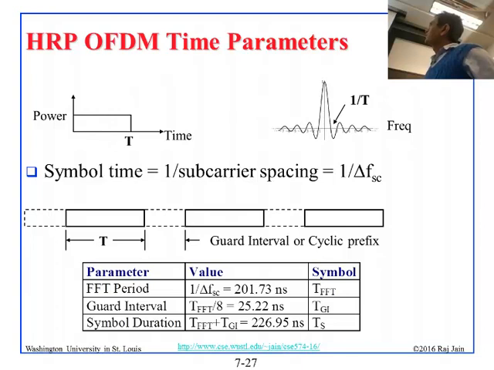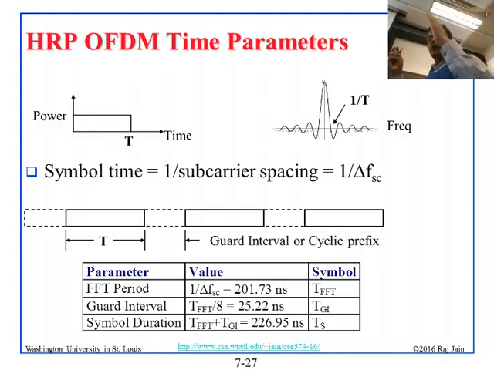A square wave in time has a frequency spectrum like this, where there is a peak and then the period is 1 upon T. At 1 upon T, it is 0, and then again it is 0 like this, and it slowly dies down.